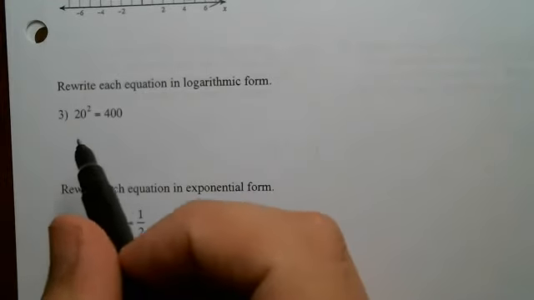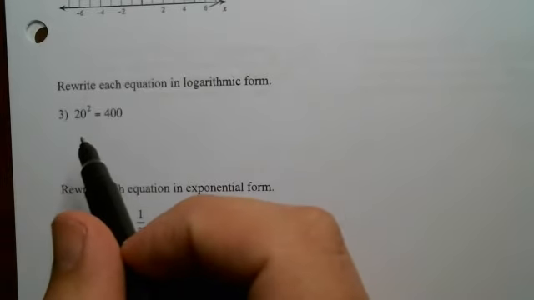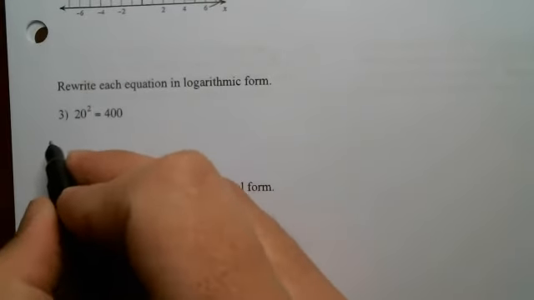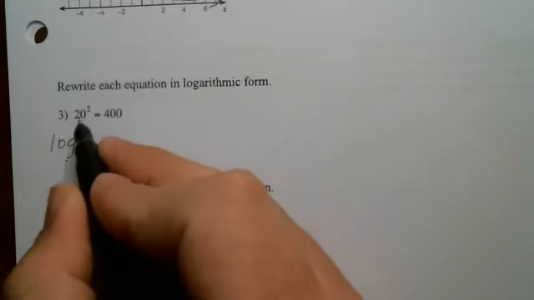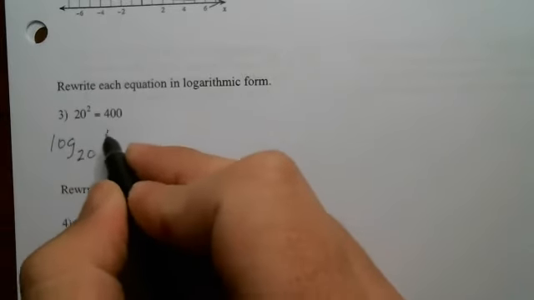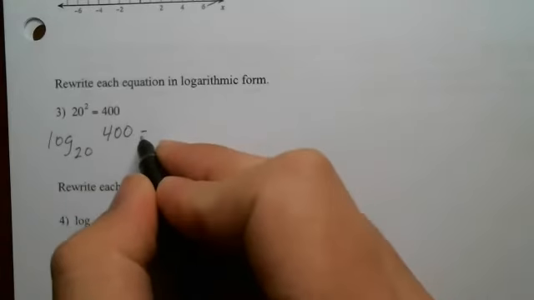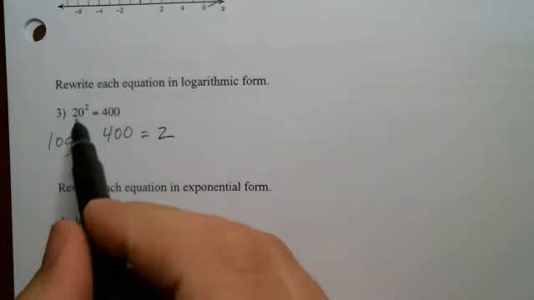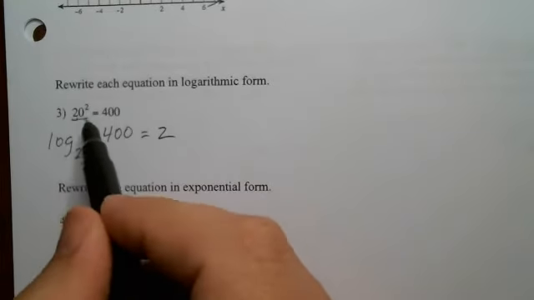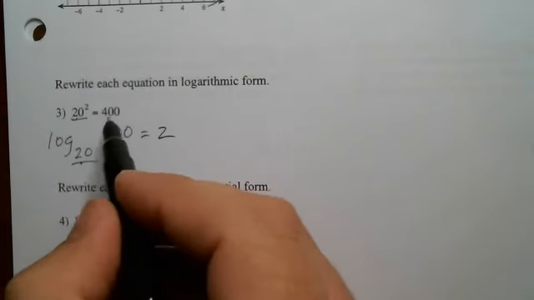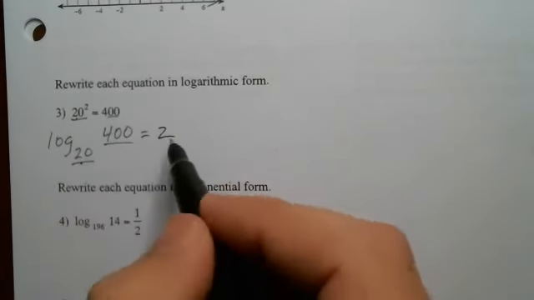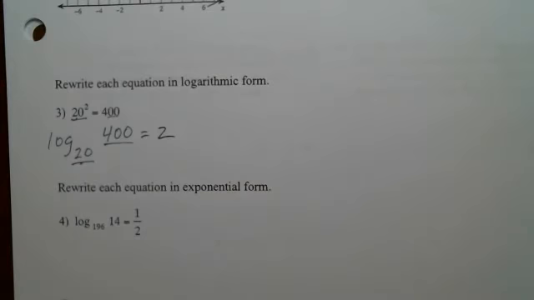So remember log form, all right? So log base 20 of 400 is equal to 2. Your base drops down here, base comes here, 400 comes here, and the exponent goes on the other side of the equation.